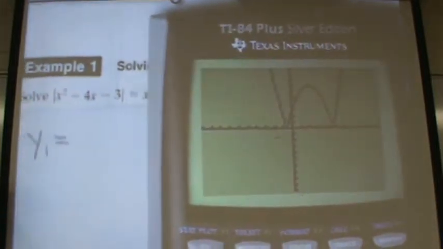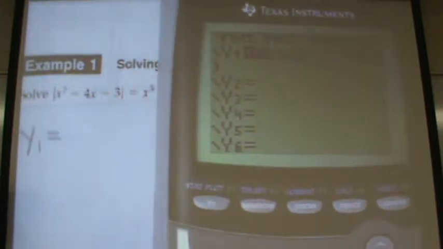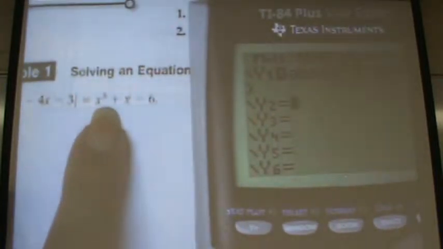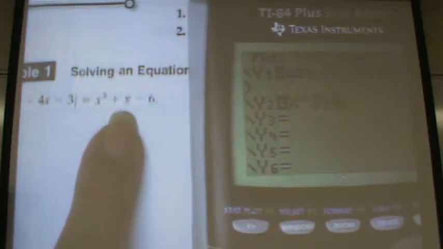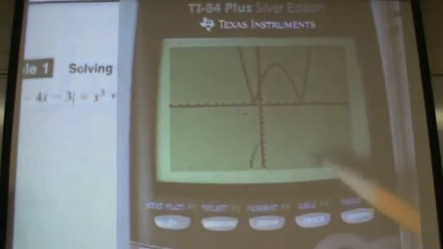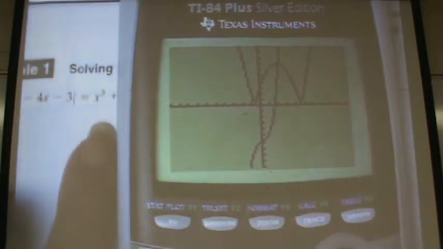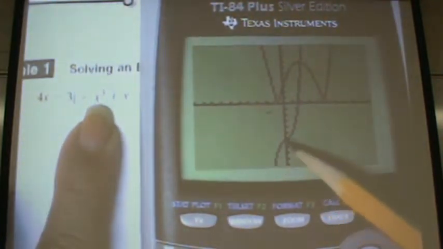Now, what you're going to do is go to Y1, and under Y2, you're going to type in the second expression, which is x cubed plus x minus 6. And when you hit graph, you're going to see a cubic function. We have some prior knowledge of what that cubic function looks like, and here it is.